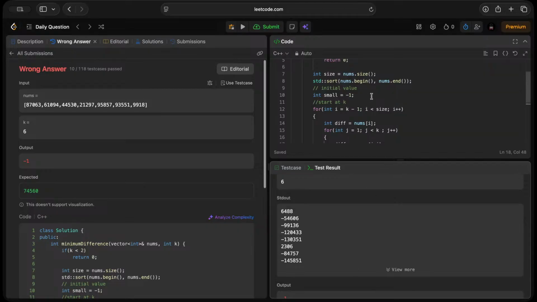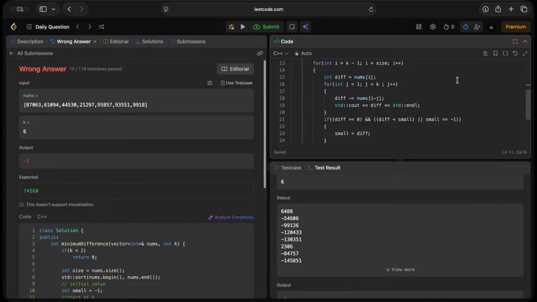Actually, we're sorted here. I should have kept that for loop. Can I undo?